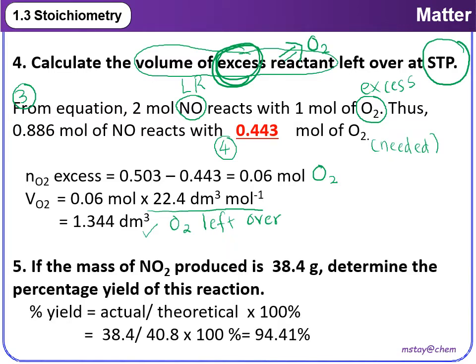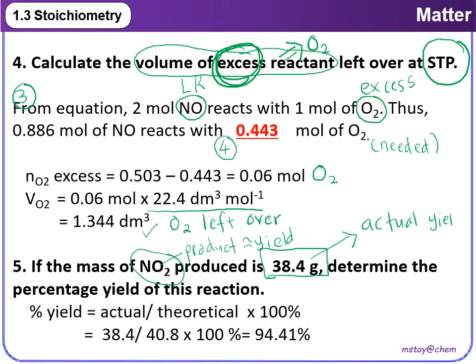Number 5. If the mass of NO2 produced is 38.4 gram. If you still remember, just now before we enter the example, we mentioned that the mass of NO2 is the product, so the product given in the question is considered the actual yield.